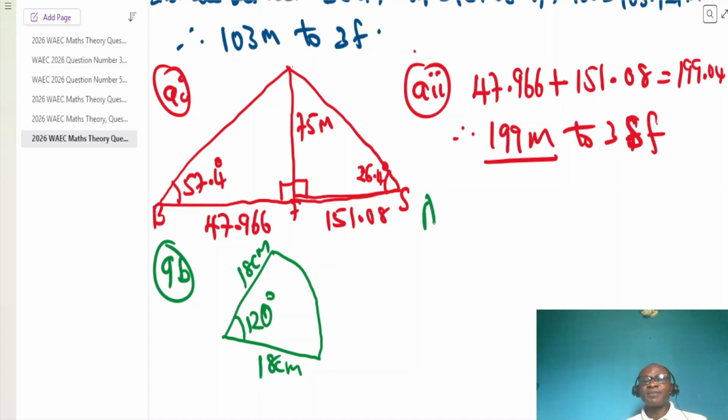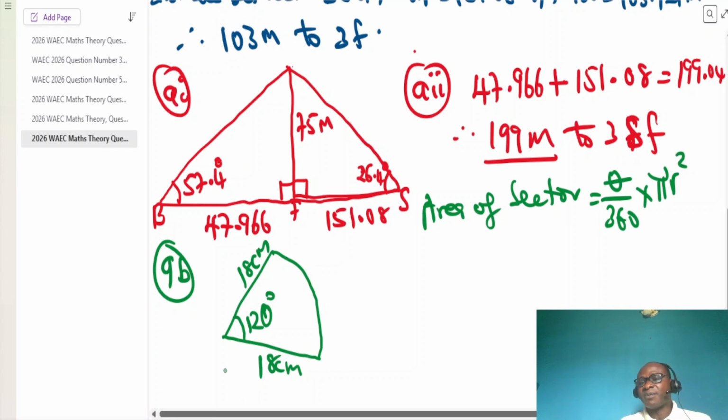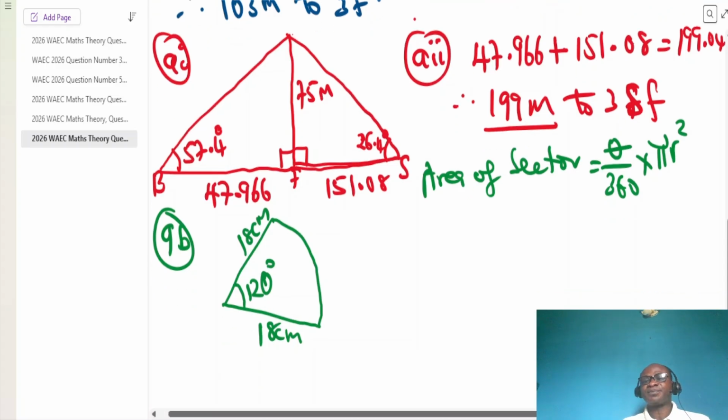But area of a sector is given by theta all over 360 multiplied by pi r squared. All right, going by this formula, we can now simply calculate the area of this sector.